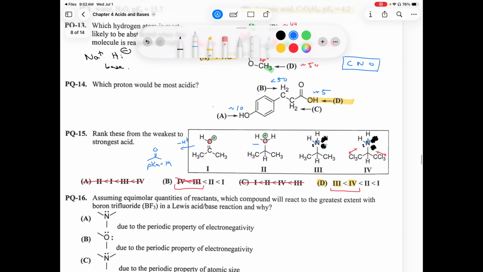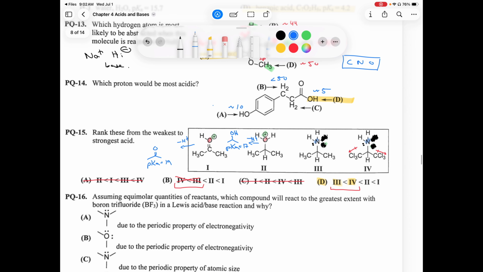And if this was to lose a proton, I'm kind of running out of space here, but you'd end up with isopropanol, which has a pKa of like 17 or something like that. And so since acetone is going to be a stronger base, so to speak, since it has a higher pKa, then it would produce the stronger conjugate acid. So that's a way you could think about that.